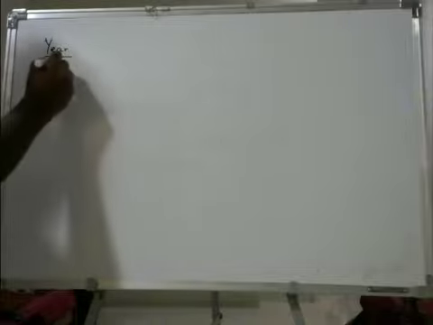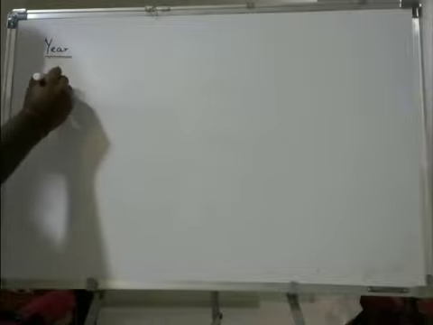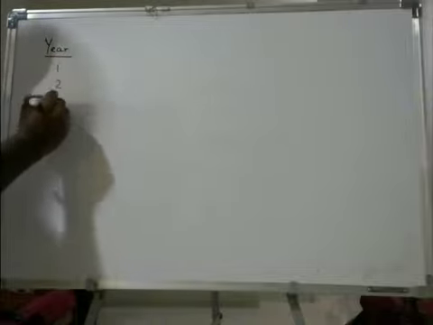Okay, the given is, here we have years. Okay, year, that is 1, 2 and 3 years. Now there is one more thing which is given, is the cost.